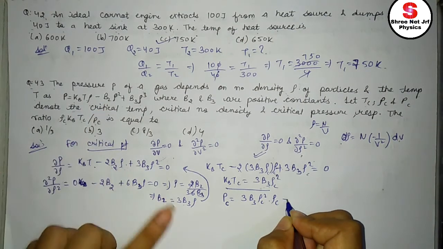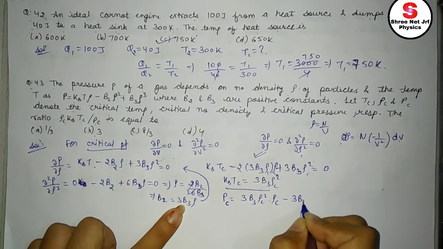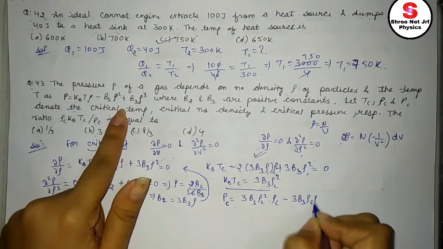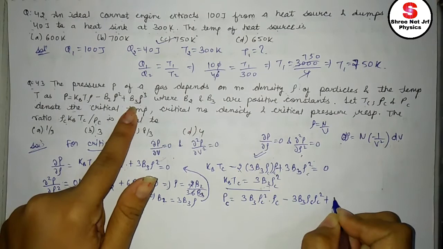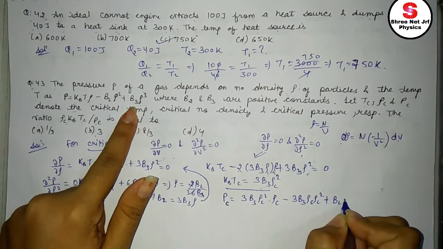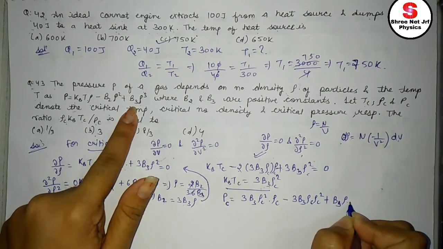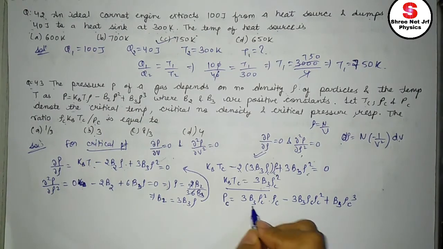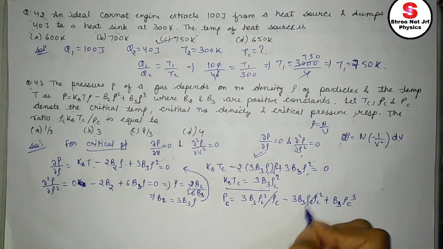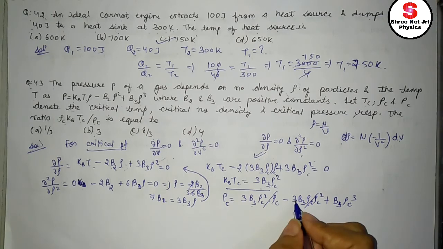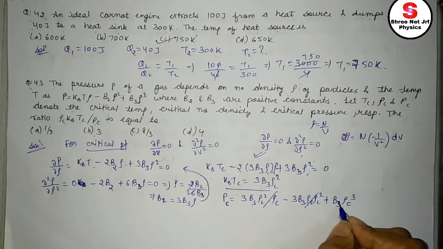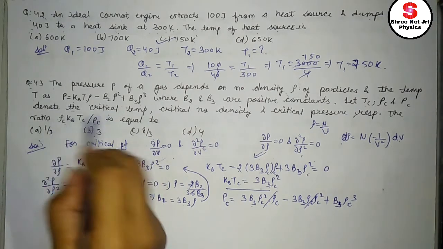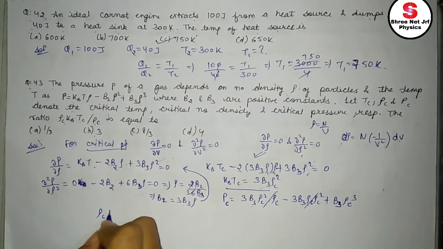What is the value of B2 I have? 3 B3 ρc, again ρc square, plus B3 ρc cube. Here you can see that both these terms just cancel out. That means Pc equals B3 ρc cube.